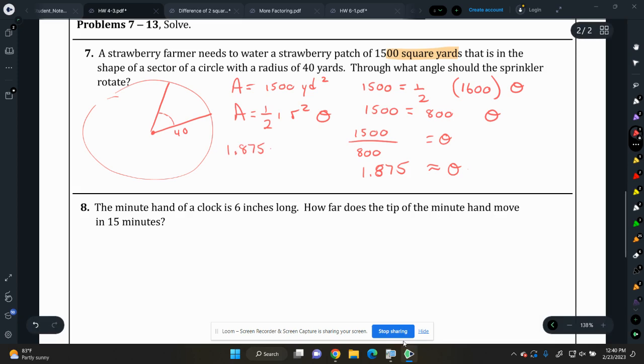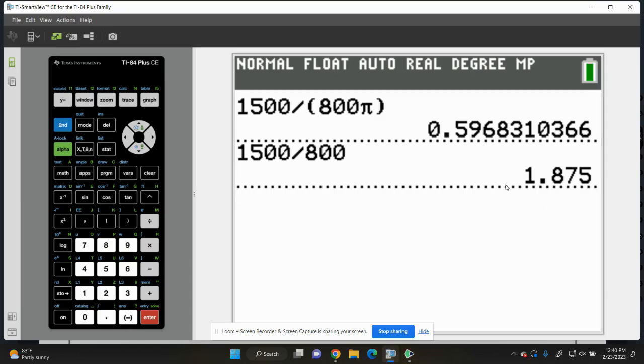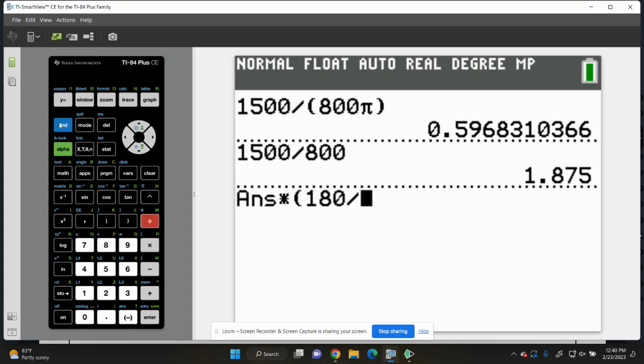We're going to multiply it by 180 over pi. I leave the number in my calculator and just go times 180 divided by pi. In this case, it's no big deal, but if it was that previous number, I wouldn't be rounding. I'd just be using that whole number.